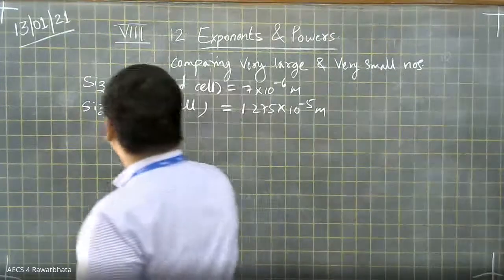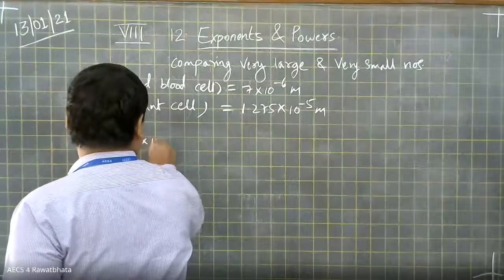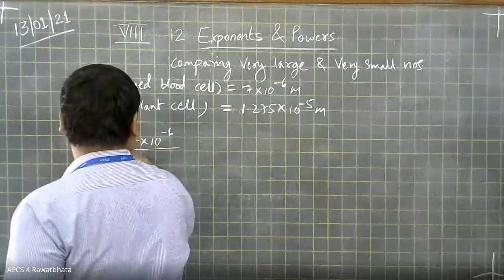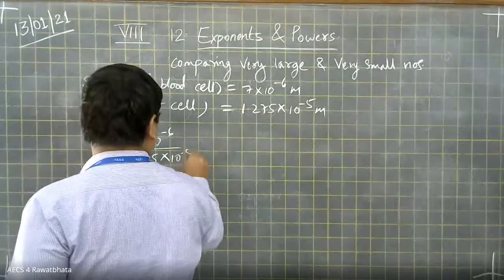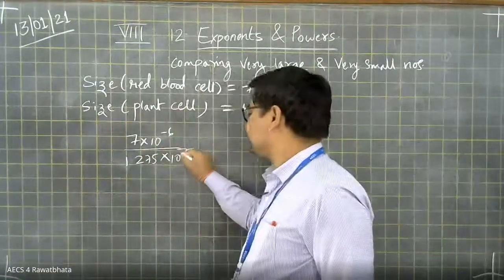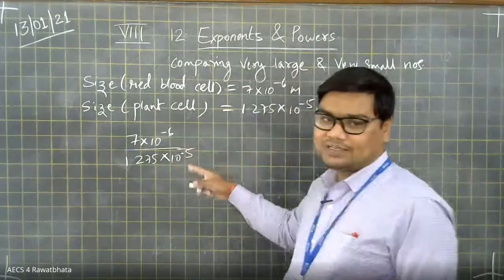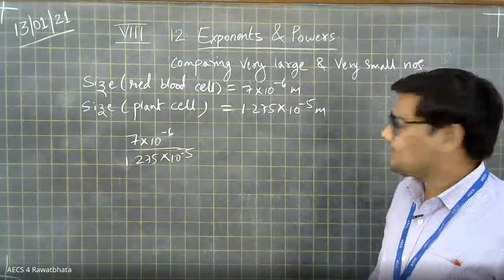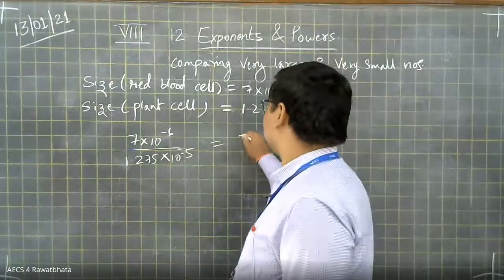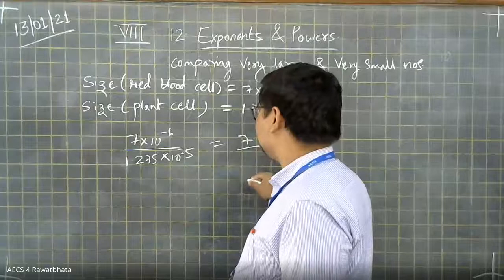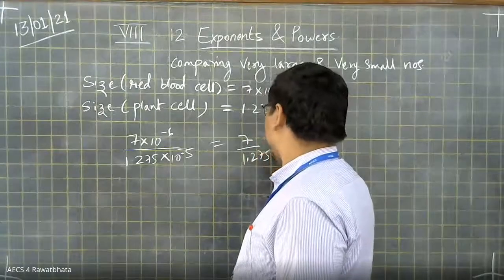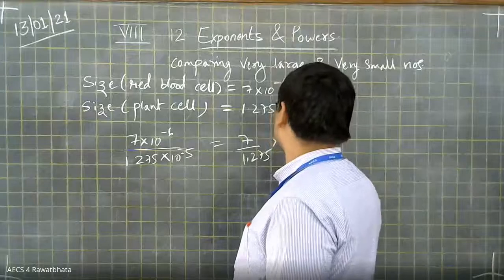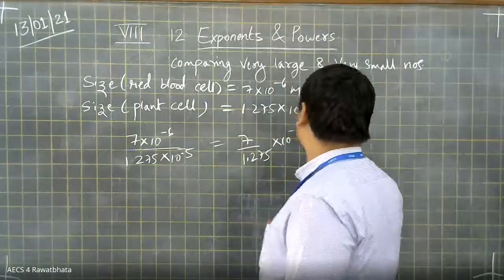So this is 7 into 10 power minus 6, and we are dividing with 1.275 into 10 to the power minus 5. Now when we shift this 10 to the power minus 5, it becomes 10 to the power 5. So this is 7 upon 1.275 into 10 to the power minus 6 into 10 to the power 5.